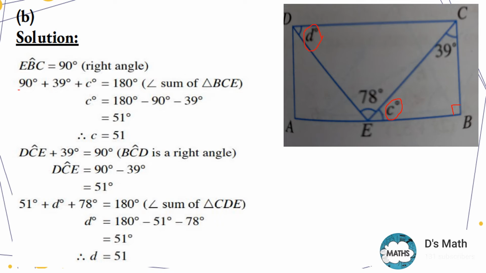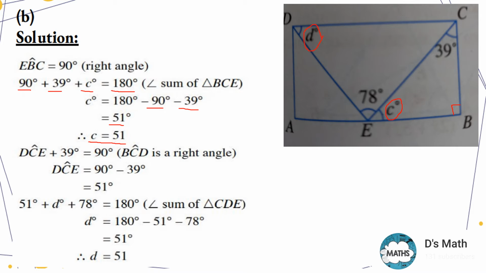So we will add 90 degrees with 39 with C. If we add all the three angles, we know that their sum is always equal to 180, and we want to find the value of C. So we'll shift the constants to the other side, and there will be a flip of sign. Plus will be changed into negative, and we will subtract 90 from 180, and then subtract 39 from the answer. So our answer will be 51 degrees. That means here the first unknown is C and its value is 51.